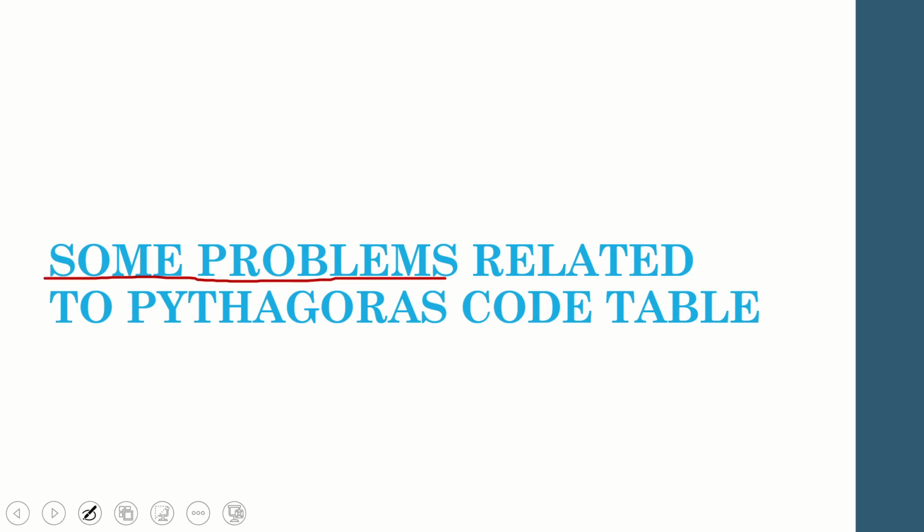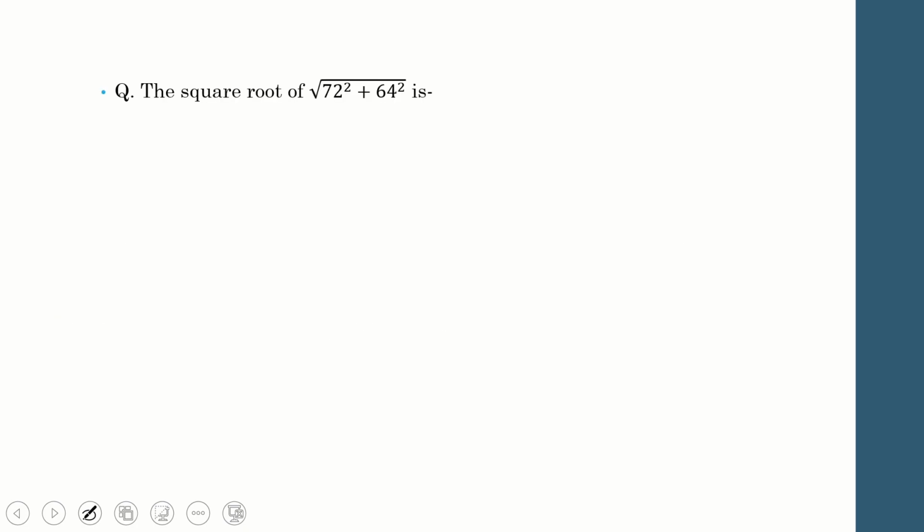Now I have covered all the topics related to the Pythagoras code table. Now we are going to solve the problems. The first question is the square root of 72 square plus 64 square.